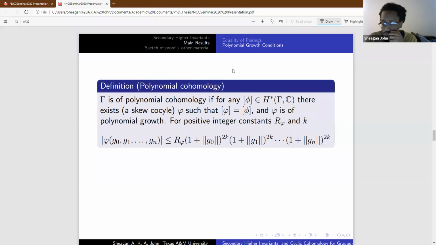And by polynomial growth, we just mean that when we take the absolute value of our cocycle applied to group elements, it's bounded by some polynomial in terms of the norm on our group. This is a norm on gamma induced by a length function.